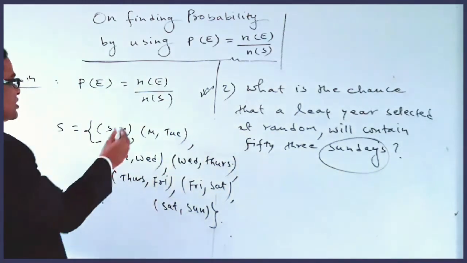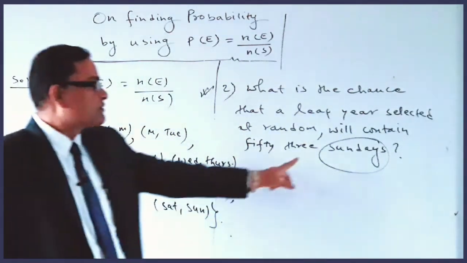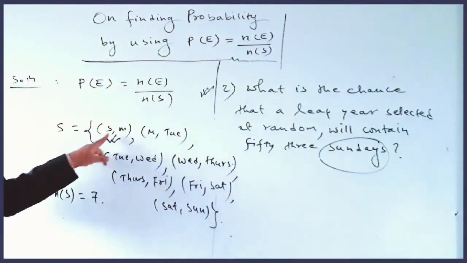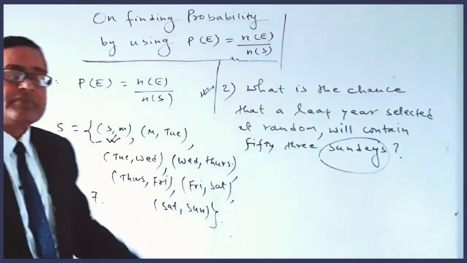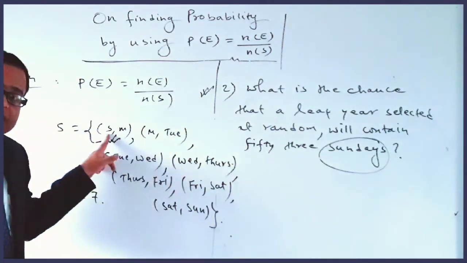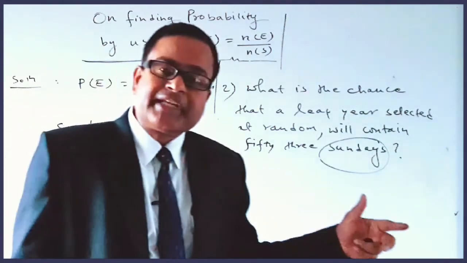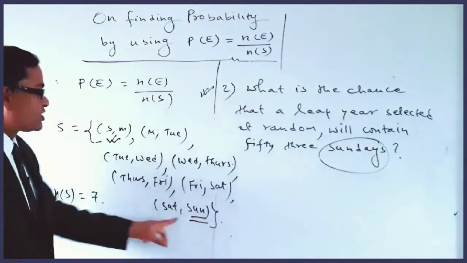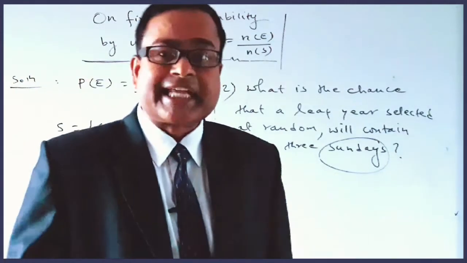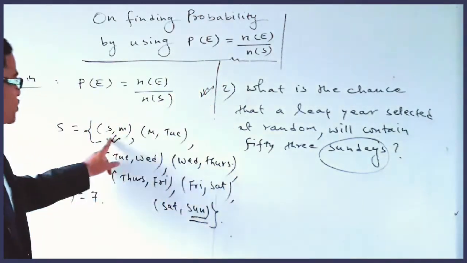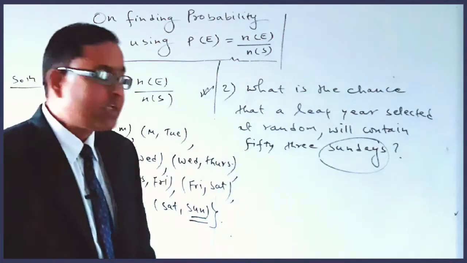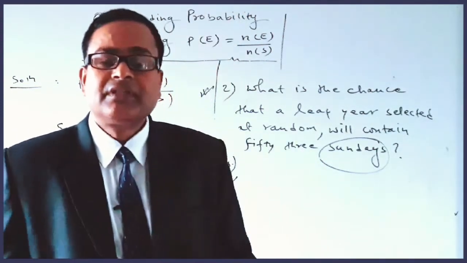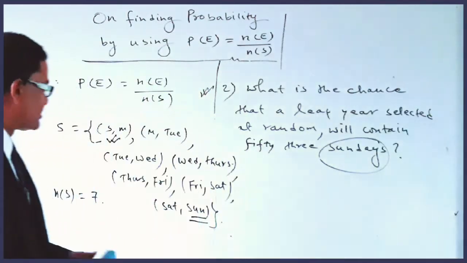Now we have to find out the probability of the occurrence of Sunday. In the first possible outcome we have got Sunday. That means the 2 remaining days can be Sunday and Monday. Similarly, the remaining 2 days can also be Saturday and Sunday. So there are 2 possible outcomes in which we have the occurrence of Sunday out of the remaining 2 extra days of a leap year.